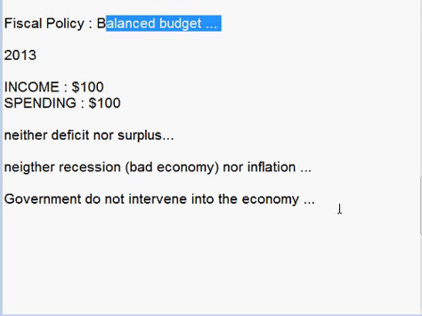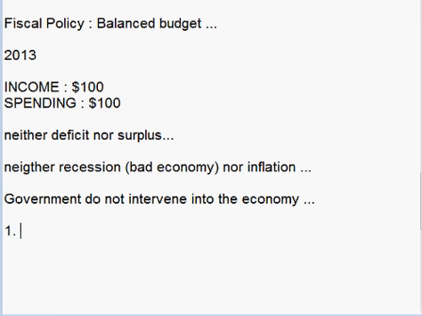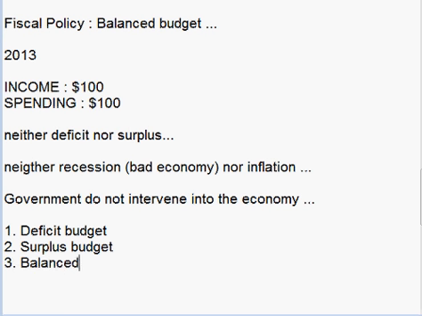So fiscal policy actually is of three types. One is deficit budget, number two is surplus budget, and number three is balanced budget.